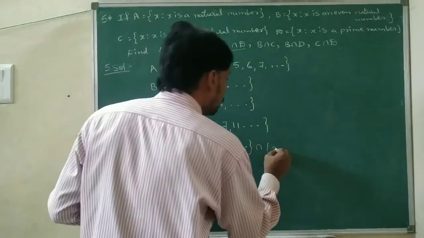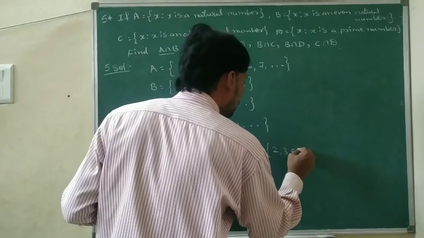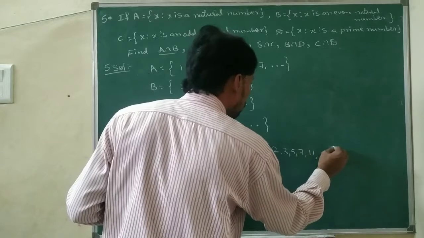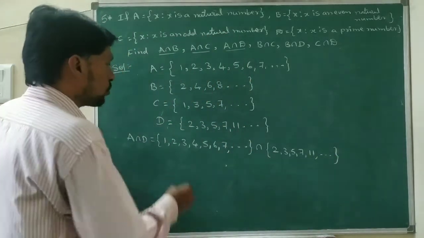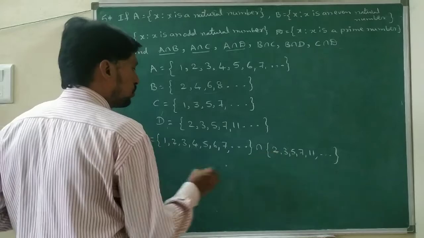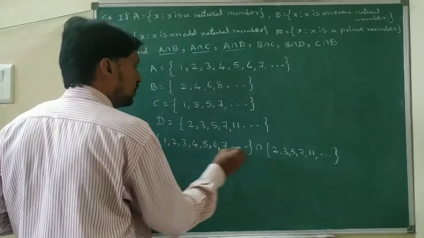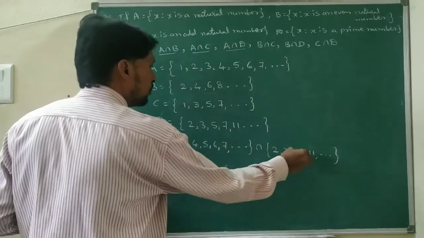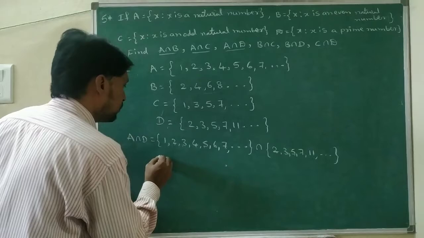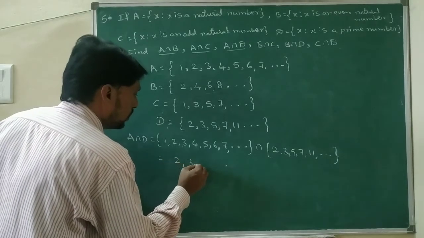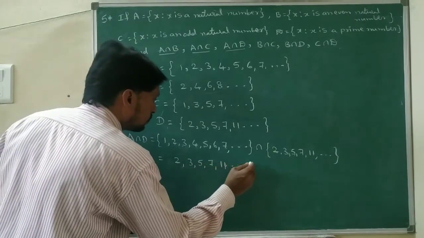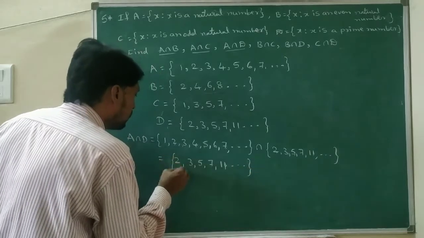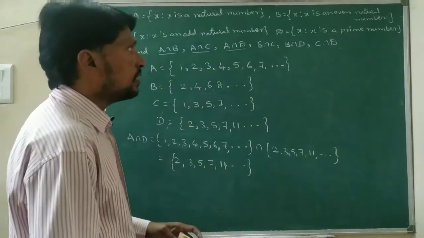Prime numbers: 2, 3, 5, 7, 11, and so on. So what are the common elements? Here 2 is there, here also 2. 3 and 3, 5 and 5, 7 and 7. Again 11 also we are getting. Means 2, 3, 5, 7, 11, and so on. This is A intersection D.